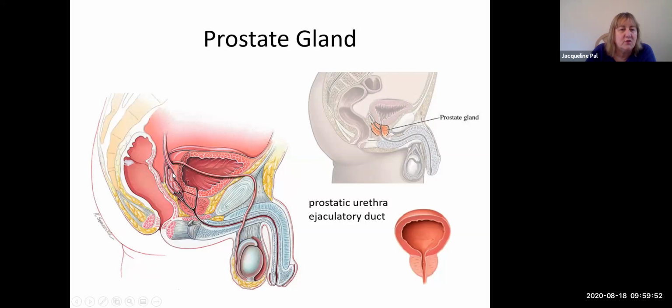So in this picture, you clearly can see this is the vas deferens coming along, and this is its tubule, and then this is the seminal vesicle, and the two openings coalesce to form the ejaculatory duct inside the prostate gland, which then dumps both of their contents into the prostatic urethra about halfway through the prostate.